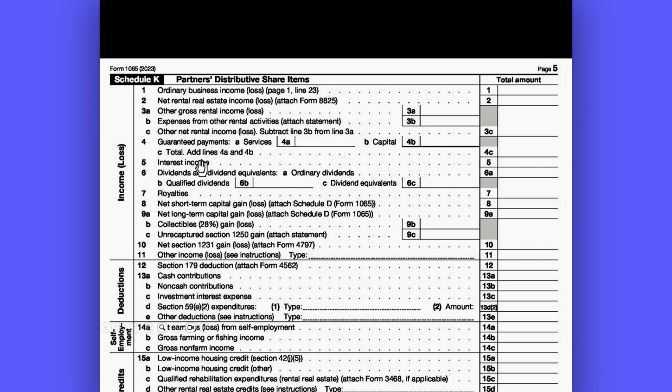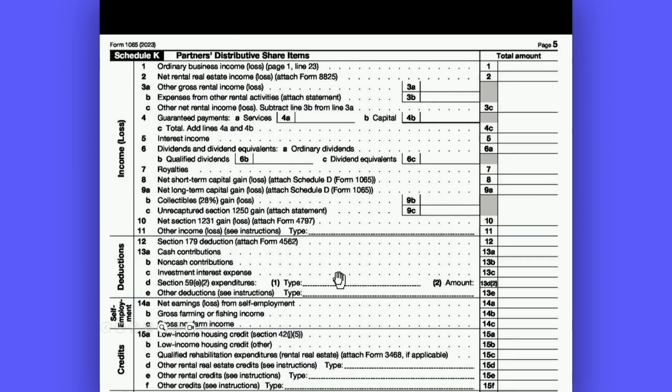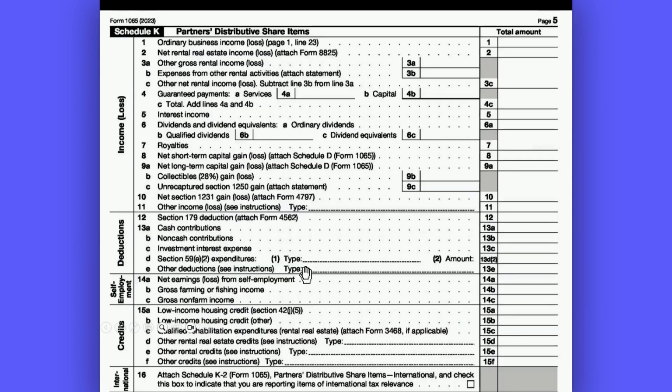Then you've got interest, dividends, royalties, etc. Those are all going to be separately stated items. Capital gains and losses, separately stated items, section 179, etc. And then you're going to show cash contributions and deductions by partner. Those will be by partner.